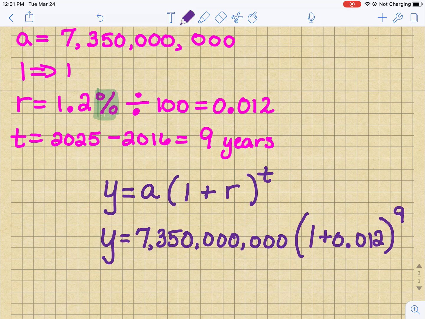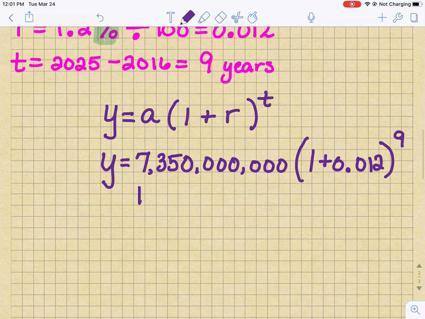At this point, now this is where people get confused. I'm not trying to graph this. So I'm not going to my y equals. I'm just going to my home screen, and I'm putting in 7,350,000,000, parenthesis 1 plus 0.012, close parenthesis, raised to the 9th power, and then I hit my enter.